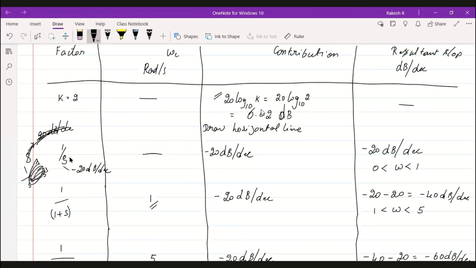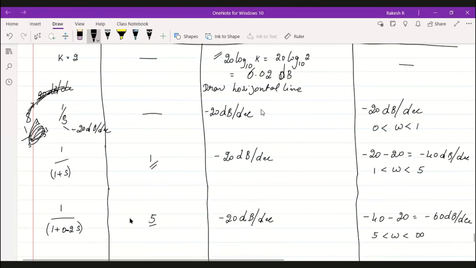Only if you have a simple pole or a quadratic pole, you will have the corner frequency.